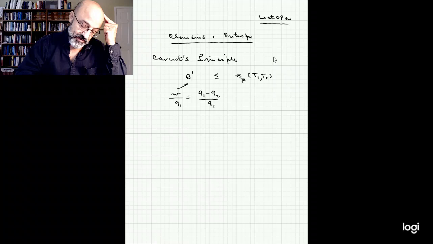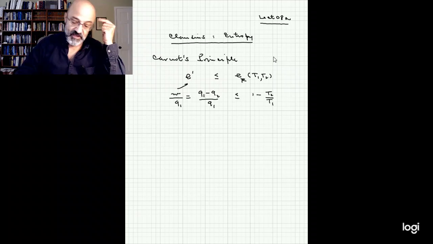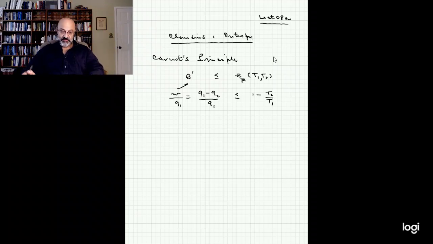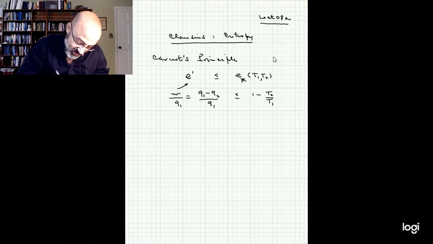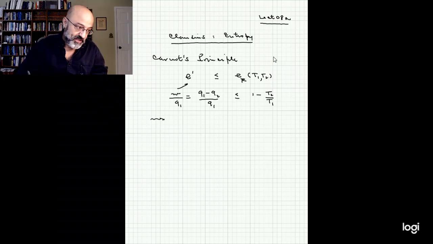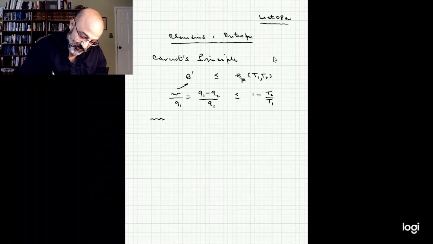And this is supposed to be less or equal to 1 minus T2 over T1, where T is the Kelvin temperature. Anyway, this can be rearranged into the following inequality.